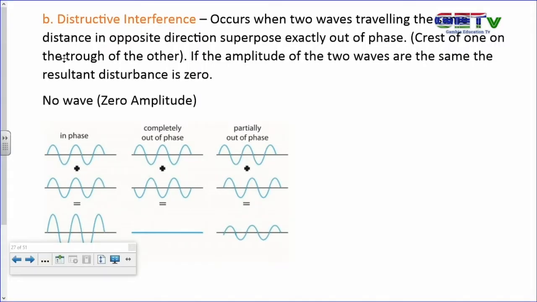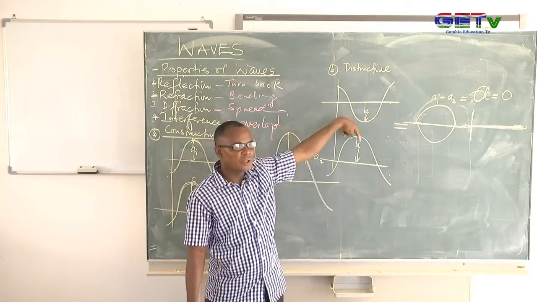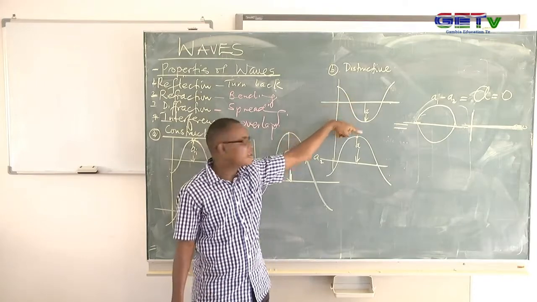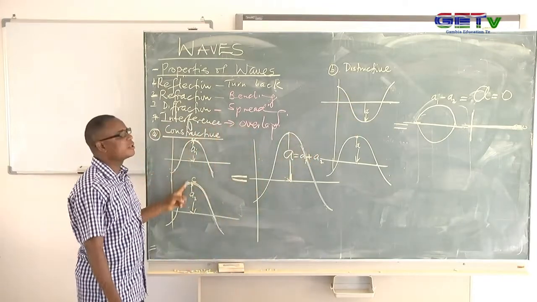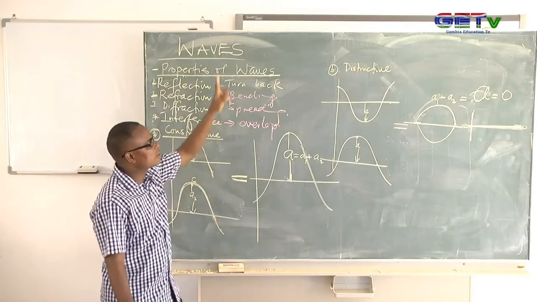You see the first two waves, they are in phase. Here they superpose in phase, which is constructive interference, and in this other one they superpose out of phase, or antiphase, which is destructive interference.